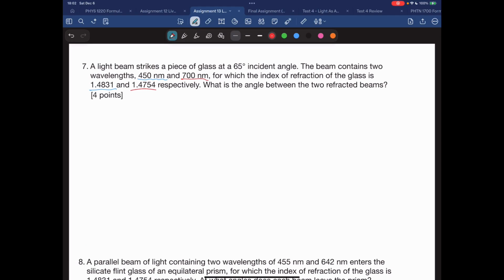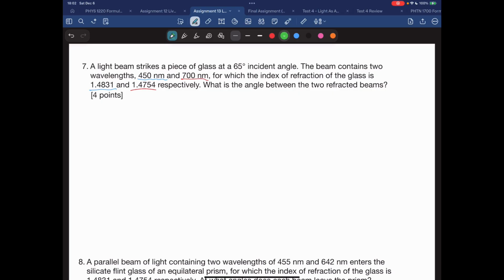Okay, question 7. This one here, we're going to have to do Snell's law twice to figure out what the 2 refracted angles are for each wavelength. So we're going to have to do it for red and for blue, and then find the difference of these 2 angles here. And they both have the same incident angle.